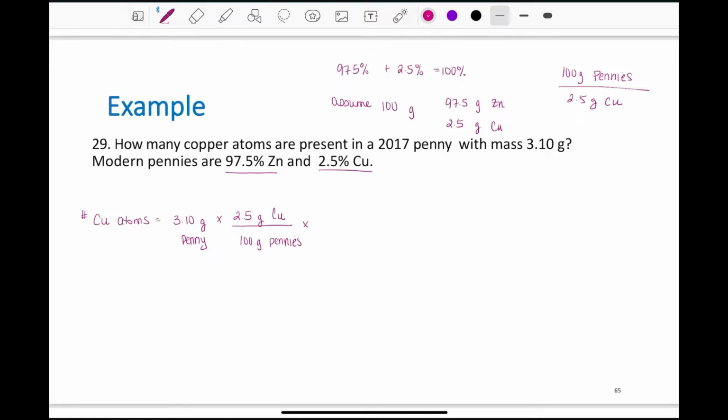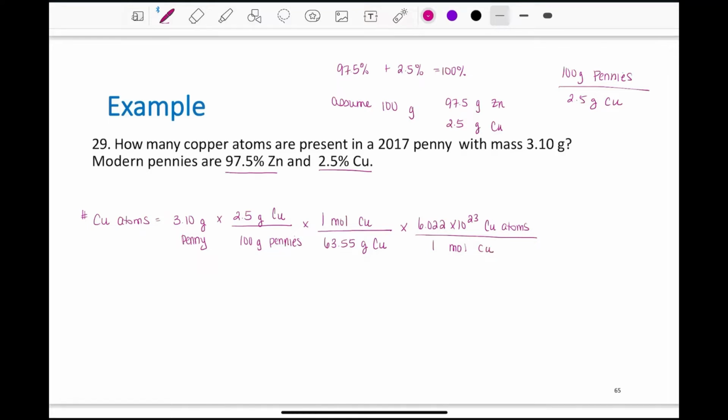Then I'm going to convert from grams of copper to moles of copper. So 1 mole of copper, atomic mass 63.55 grams of copper. And lastly, Avogadro's number, 6.022 times 10 to the 23rd copper atoms to 1 mole of copper.